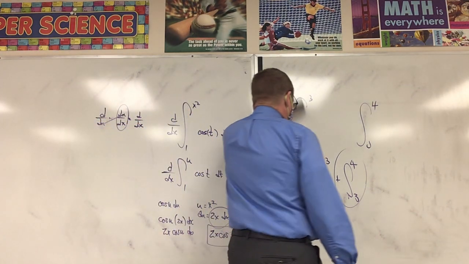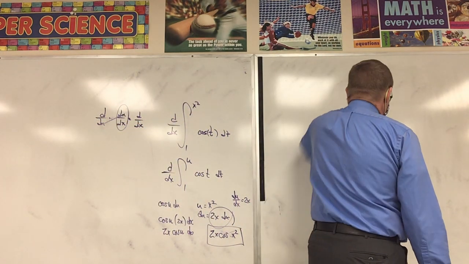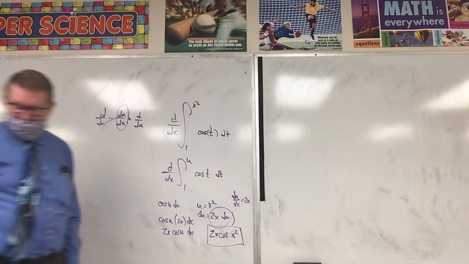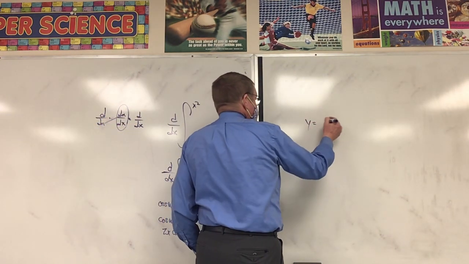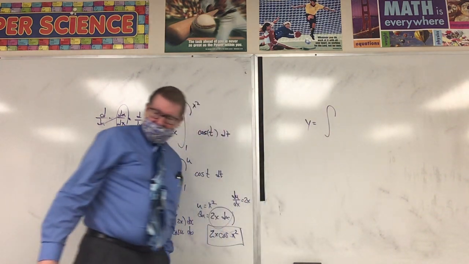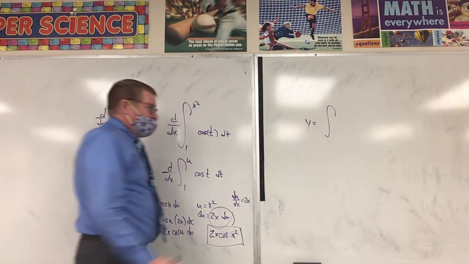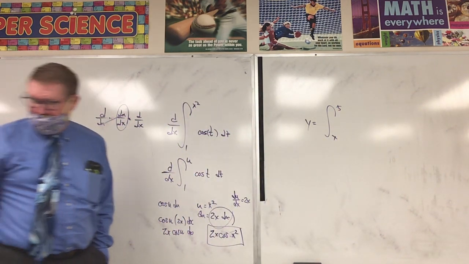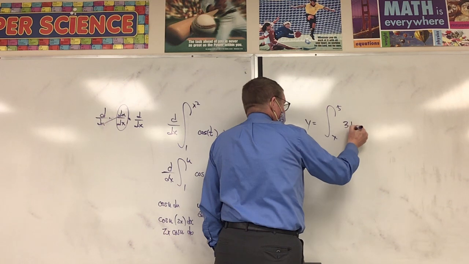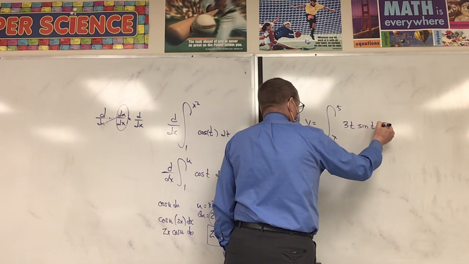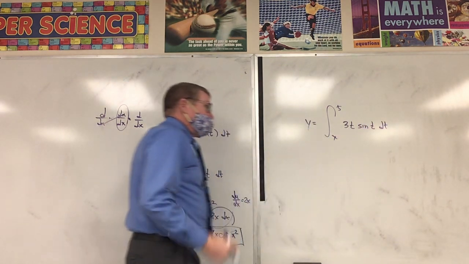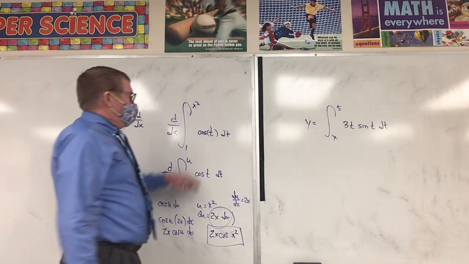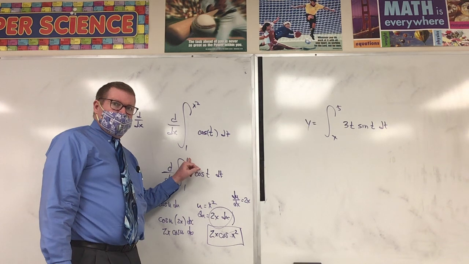So let's look at another example. So it's sort of u substitution. We've got y equals the integral from x to 5 of 3t sine t dt. All right, again, normally the x is on the top. I have my lower limit, the number, on the bottom.